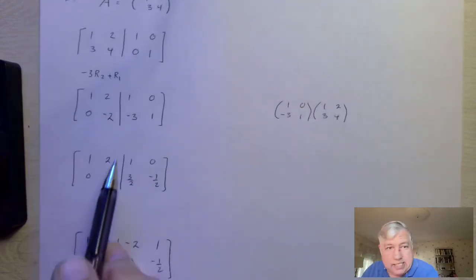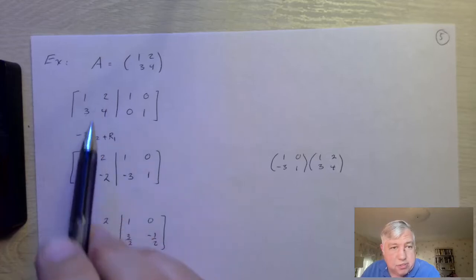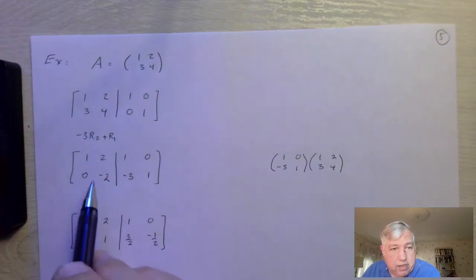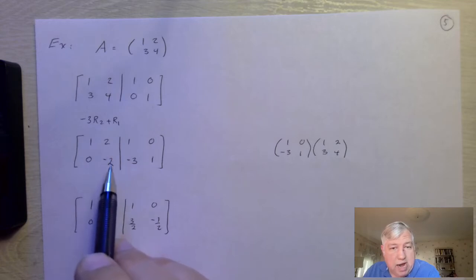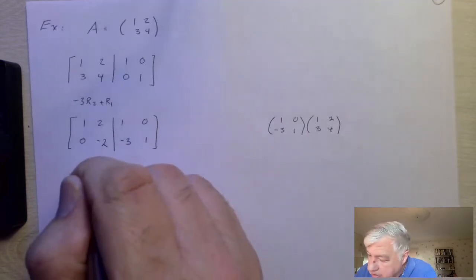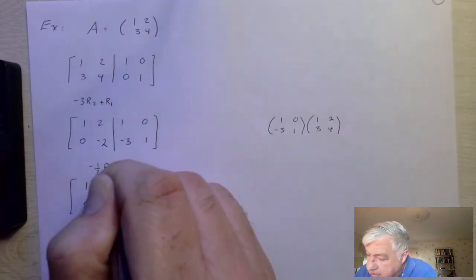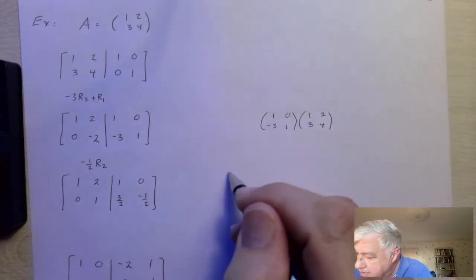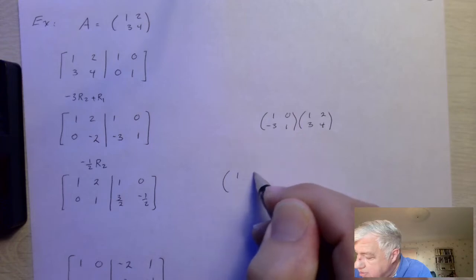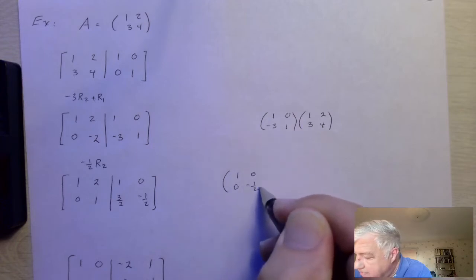And then the next thing we did here is we wanted to make this 2 a positive 1, so we multiplied the second row by negative 1/2, and that corresponded to the matrix 1, 0, 0, negative 1/2.